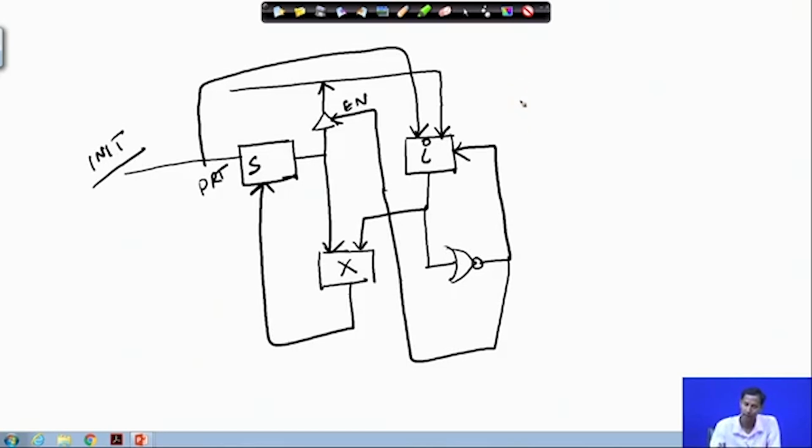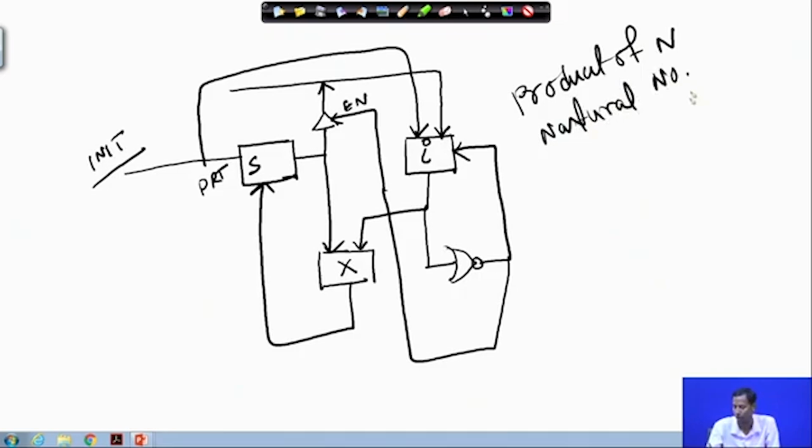This is the circuit for the product of n natural numbers.